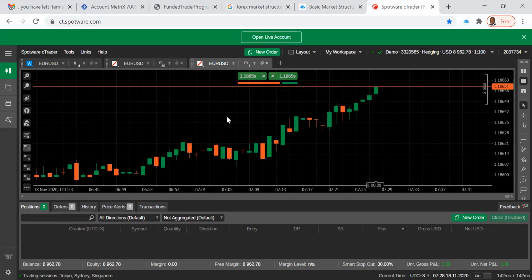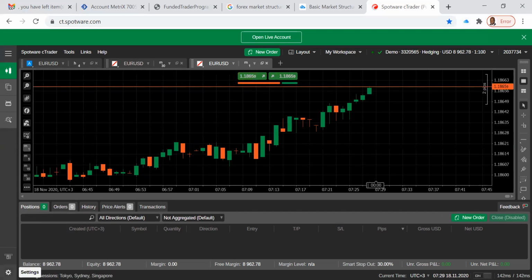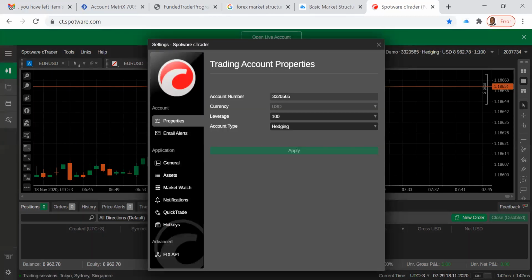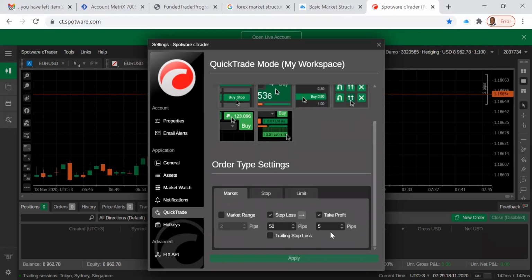So, what you do is you come here, you make sure we're at 0.01 lot size, all right? And then you come to the settings and make sure you go to the quick trade. And at the quick trade, you scroll down and select the pip size that you want.